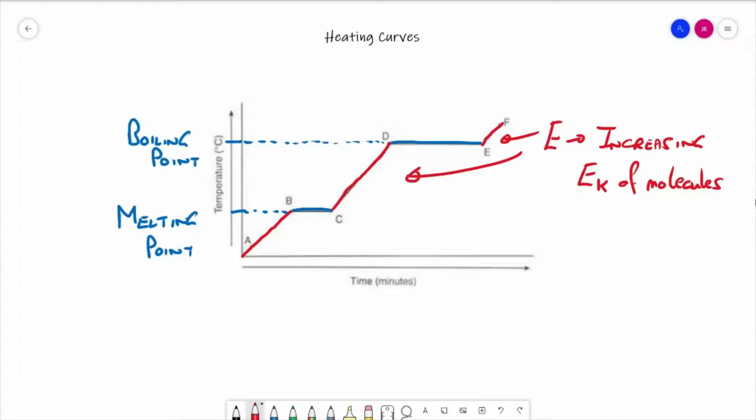Whereas when we get to these two changes of state, to the melting point and the boiling point, the energy now is going to breaking the bonds between the molecules in order for them to change state.